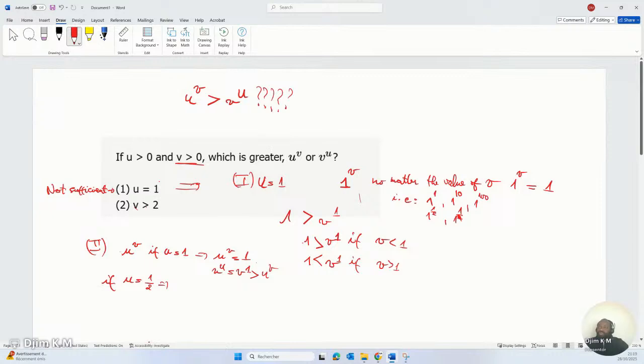Now, if u is this, v is 3, because it's greater than 2, let's suppose.